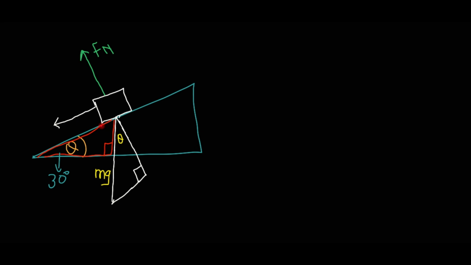This angle will be 60 degrees, because the sum of interior angles of a triangle adds up to 180. This is 30 and this is 90, 120, and then the remaining angle must be 60. So this is 60 degrees.